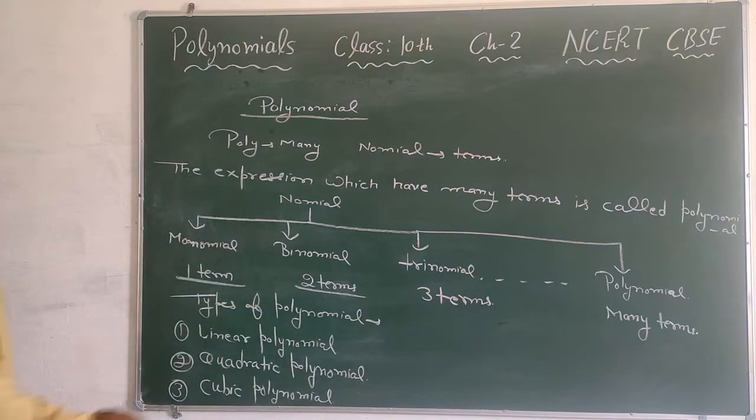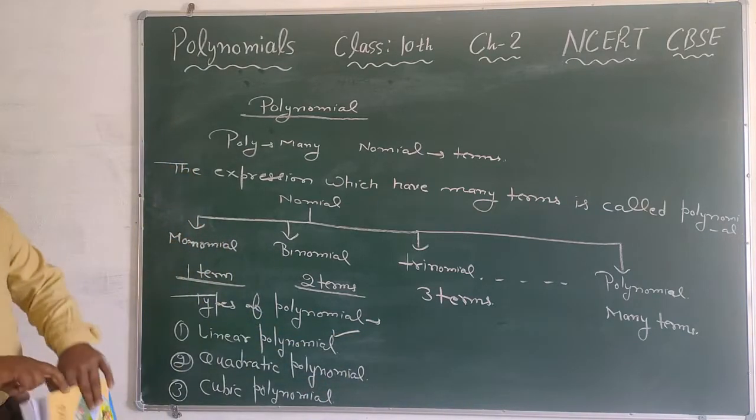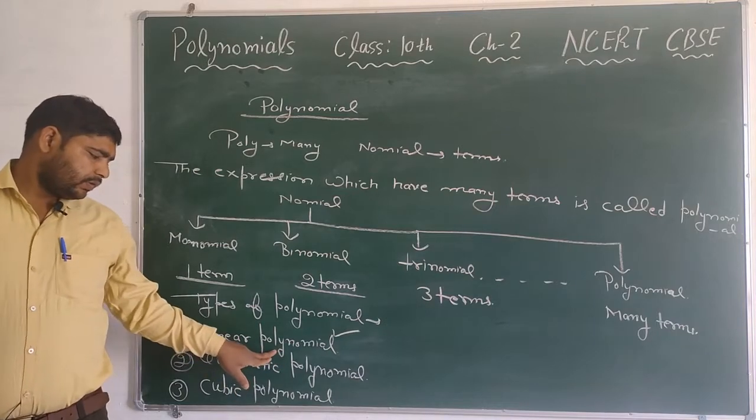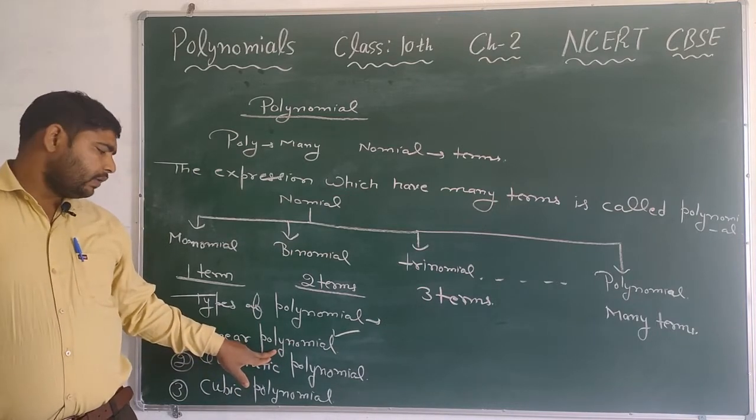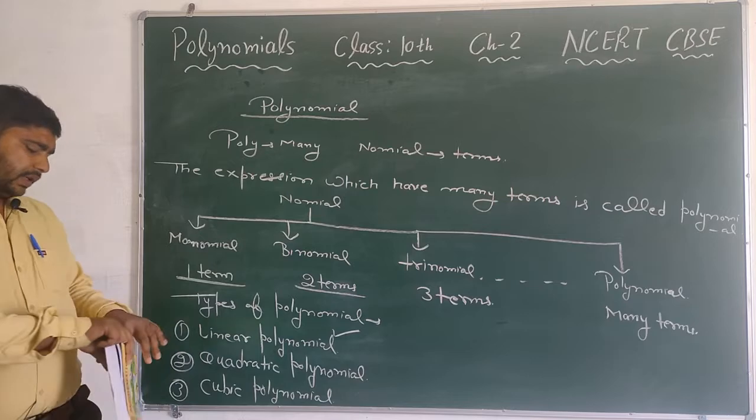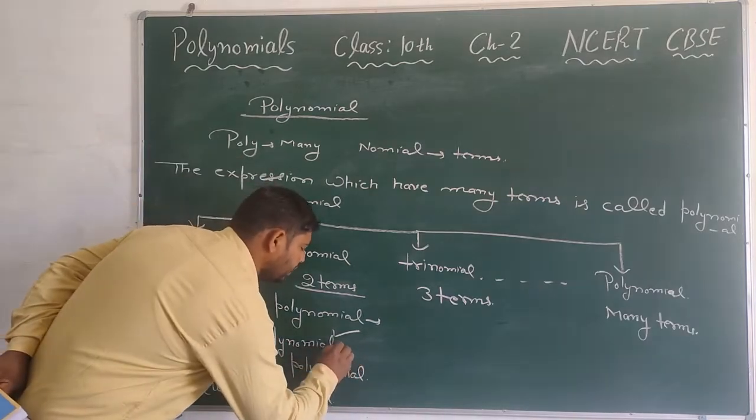So what is a linear polynomial? The polynomial which has degree 1 is called a linear polynomial.